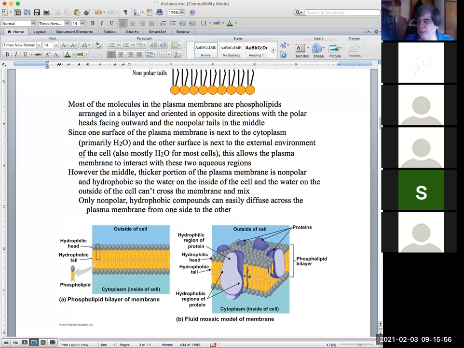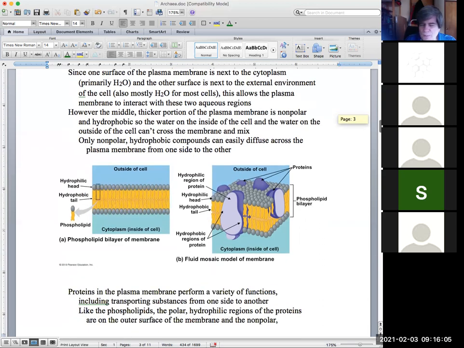There aren't too many lipids floating around in the environment of bacteria cells. So the phospholipids are primarily to keep stuff in or keep stuff out. The proteins are primarily to move things across the membrane.